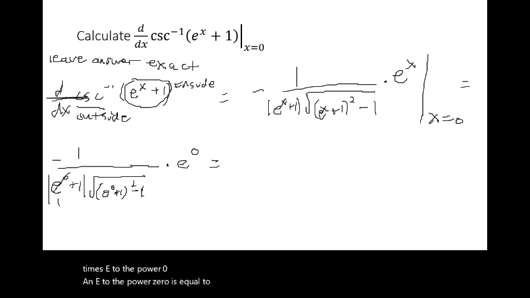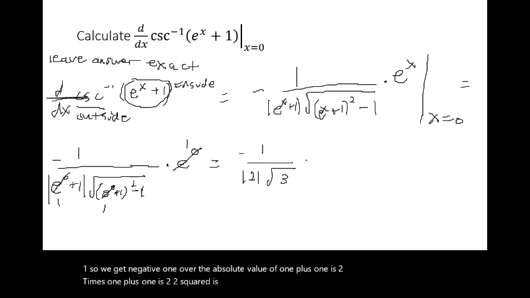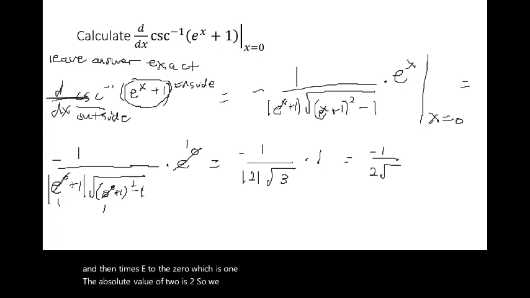So we get negative 1 over the absolute value of 1 plus 1 is 2, times the square root of 1 plus 1 is 2, 2 squared is 4, minus 1 is 3, and then times e to the 0, which is 1. The absolute value of 2 is 2, so we have negative 1 over 2 square root of 3.